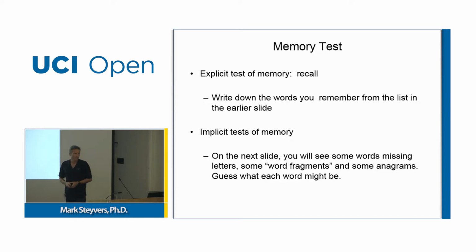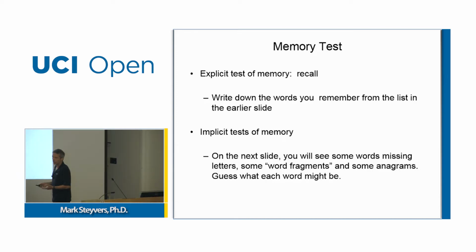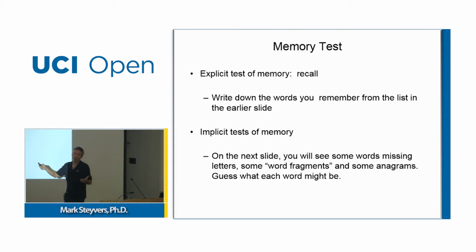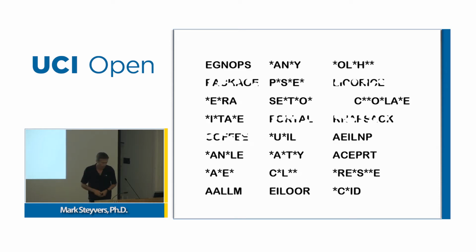So we'll show on the next slide some word fragments and some anagrams. And for the word fragments, you just have to fill in some of the missing letters to make it a valid word. For the anagrams, you shuffle the letters around to make this a valid English word. So guess what each word would be.